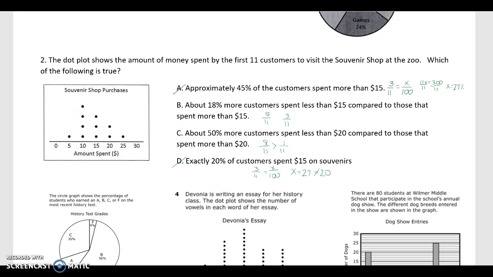So you would need to find out if that's 18% more. Okay, so 5 minus 3 is 2. Is 2 over 11 equal to 18 over 100? That's what you're going to want to check.